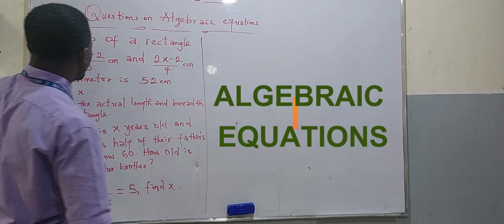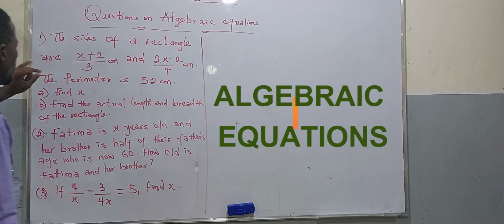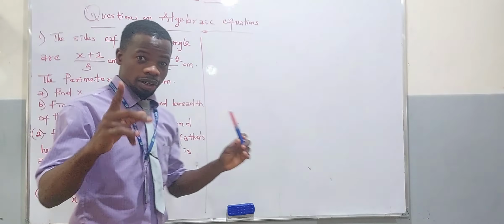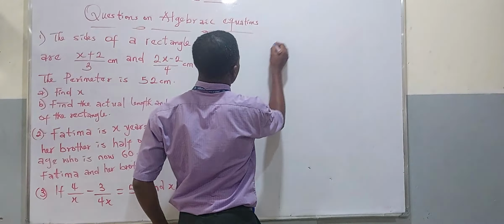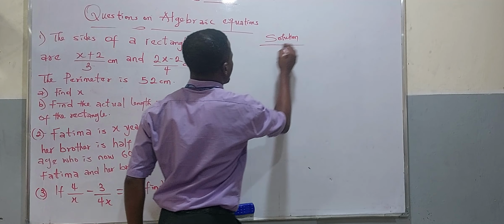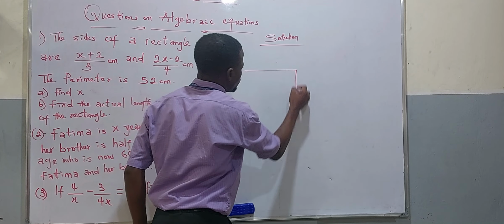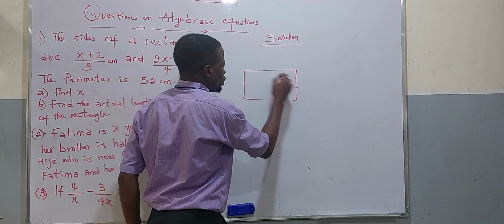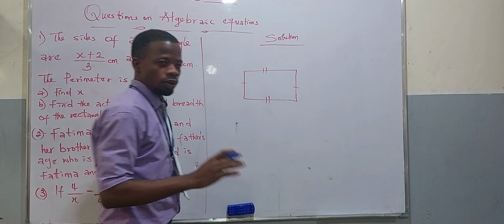So we have the sides of the rectangle are this and this. This is a rectangle, right? Our solution for question 1 is a rectangle. Let's pick this as a rectangle because these two sides are equal.